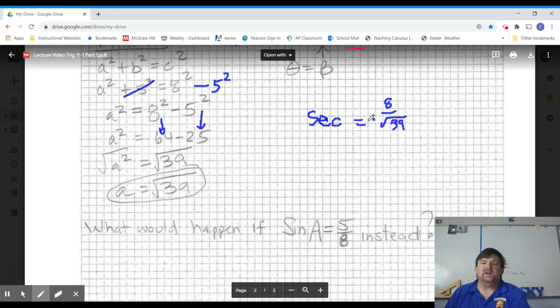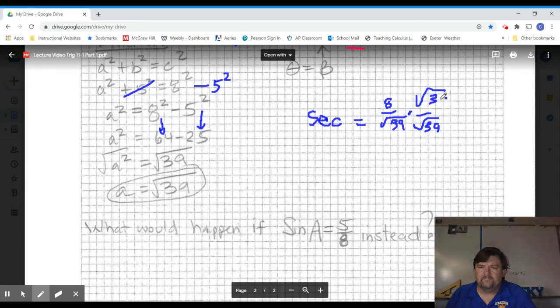A lot of times they'll have you simplify this. So by simplifying it, all we do is multiply, just a little refresher. We multiply by the square root of 39 over the square root of 39. It's called rationalizing. And when we do that, we end up with a little different looking problem. The square root of 39 times the square root of 39 gives us 39. And then 8 times the square root of 39.